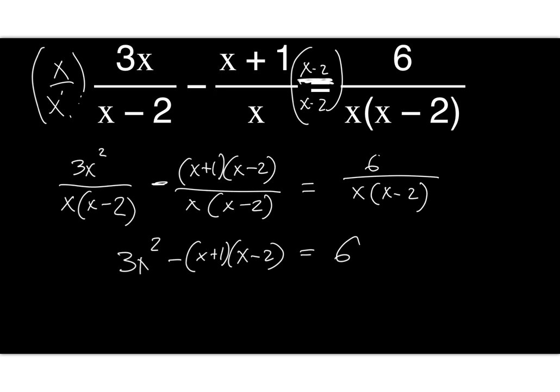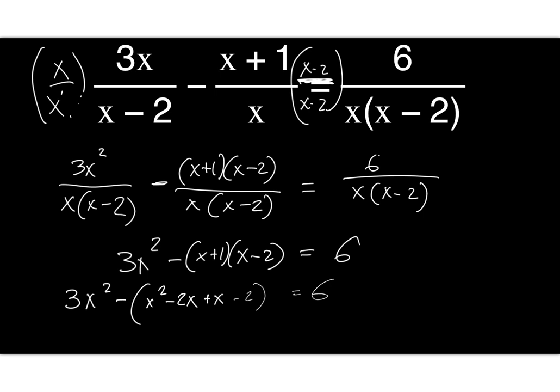It's a quadratic because I know this is x squared, which means I need to FOIL this out. First x squared, outside negative 2x, inside positive 1x, last negative 2, equals 6.